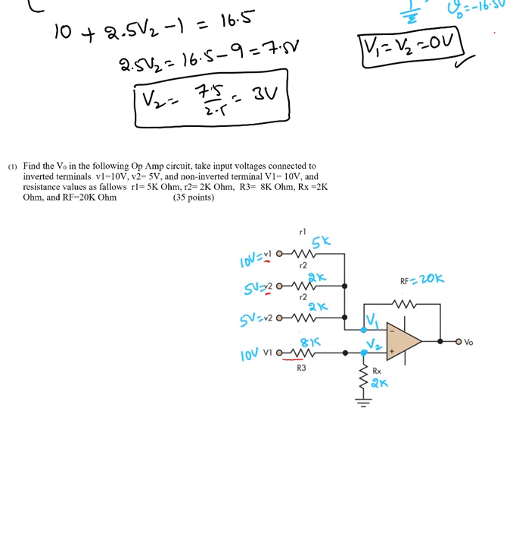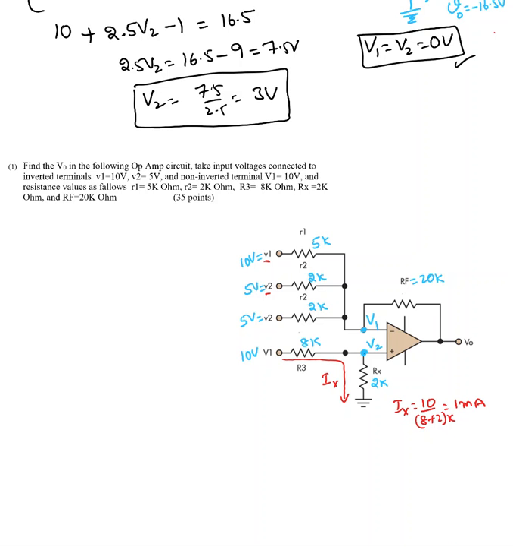Okay, and I have a closed path. Through this closed path there is some current passing through it. Okay, what is that current? Let me take that as Ix. What is Ix in this case? Ix equal to 10 over 8 plus 2k, that's 1 milliampere.